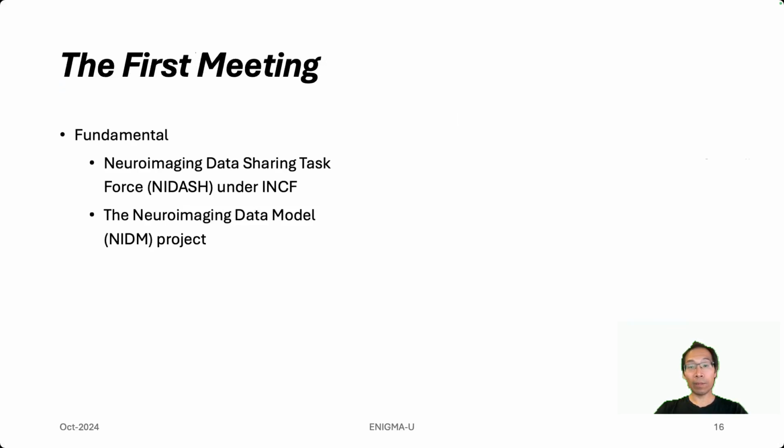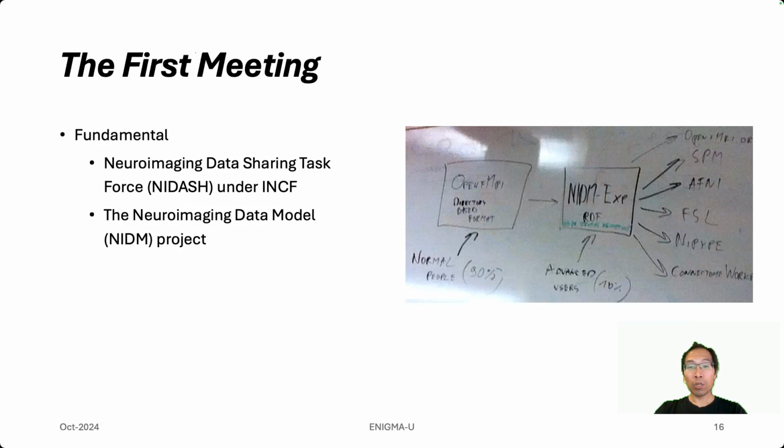Based on the experience gained from the Neuroimaging Data Sharing Task Force under INCF and the Neuroimaging Data Model project, BIDS was formally introduced at a January 2015 meeting at Stanford. The photo shows the original idea that was written on the whiteboard.